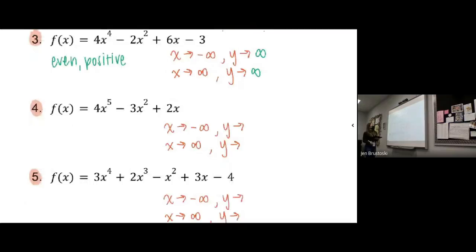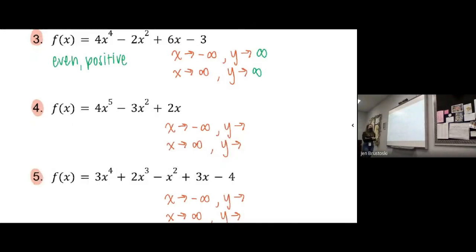Going to the next one. We've got f of x equals 4x to the fifth minus 3x squared plus 2x. You should have said that it is odd and positive. So, as x is approaching negative infinity, we're going to the left, where's y going?